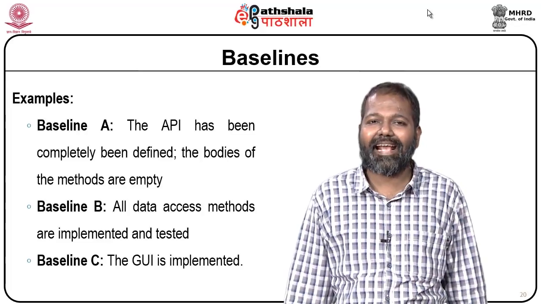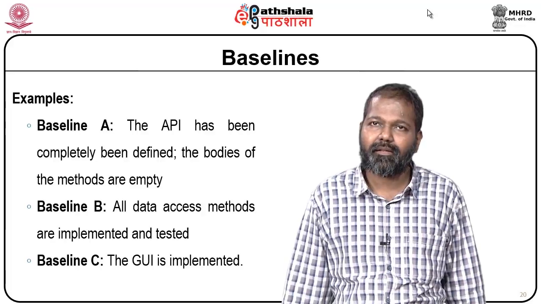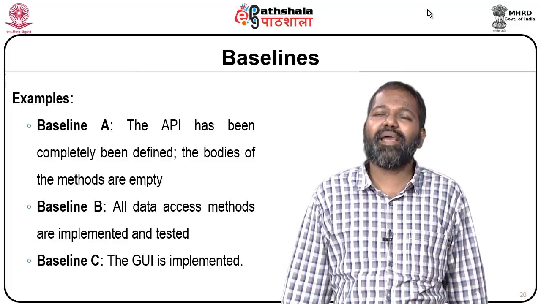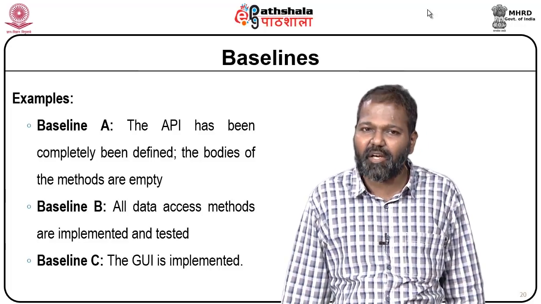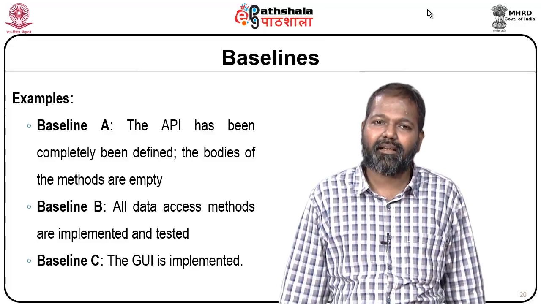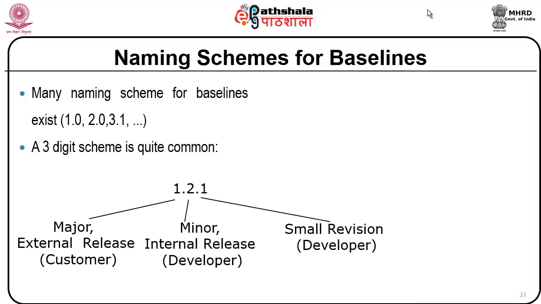Examples: baseline A, the API has been completely defined, the bodies of the methods are empty. Baseline B, all data access methods are implemented and tested. Baseline C, the GUI is implemented. Naming schemes for baselines: many naming schemes exist, 1, 2, 3, etc. In general, a 3-digit scheme is quite common.